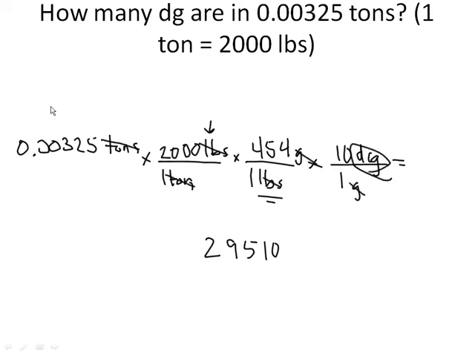I'm left with decigrams. So this is DG. But significant figures, I had 1, 2, 3 sig figs. So I have 1, 2, 3 sig figs, and everything else should be filled in with zeros for placeholders. So 29,500 decigrams, box my answer.